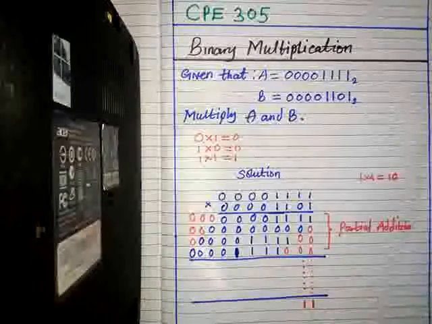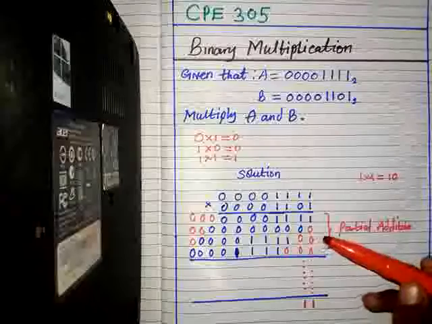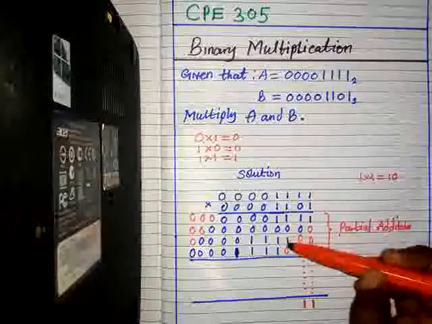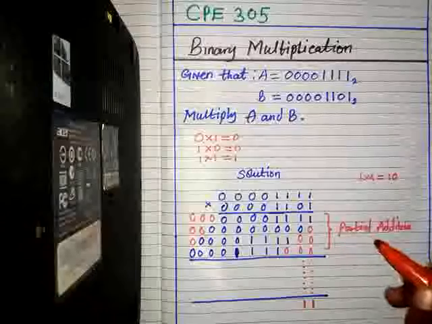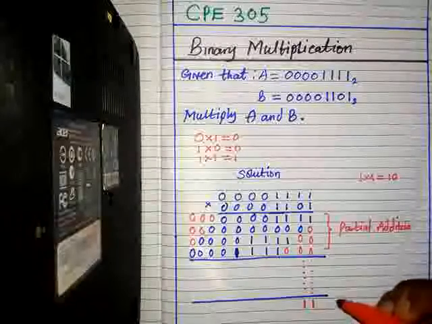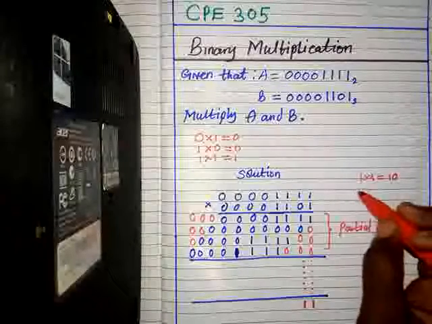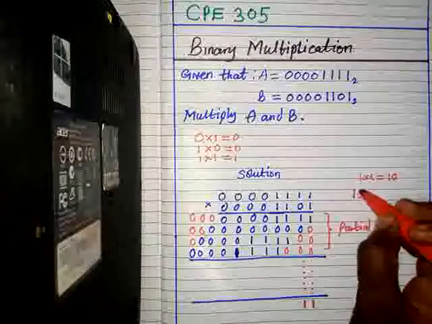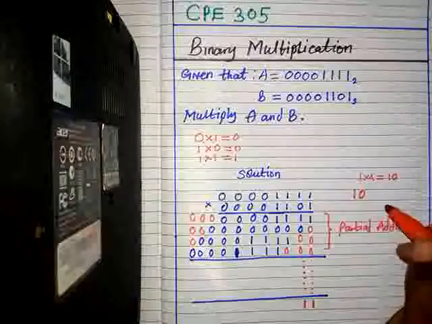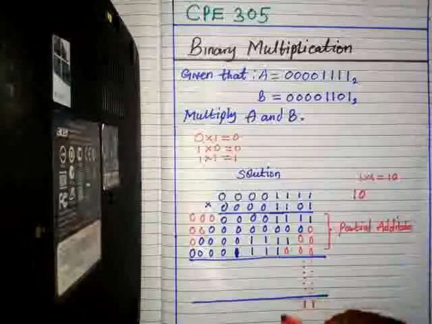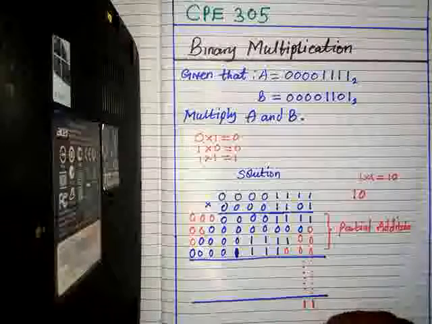1. Okay? But here we have a distinct case, which is 1 plus 1. And we normally know that 1 plus 1 is 2. In binary equivalent, 2 is represented as 1 0, which means we have to keep 0 here and carry 1 to the next column.